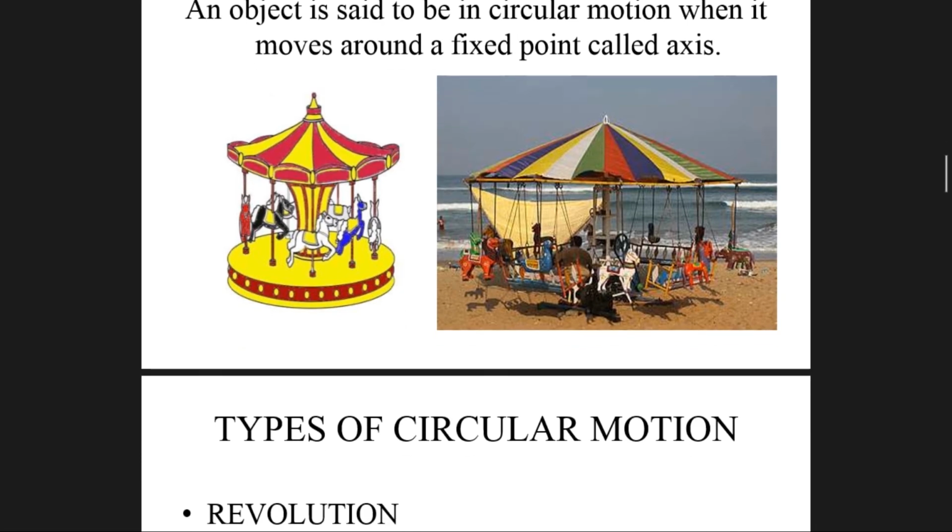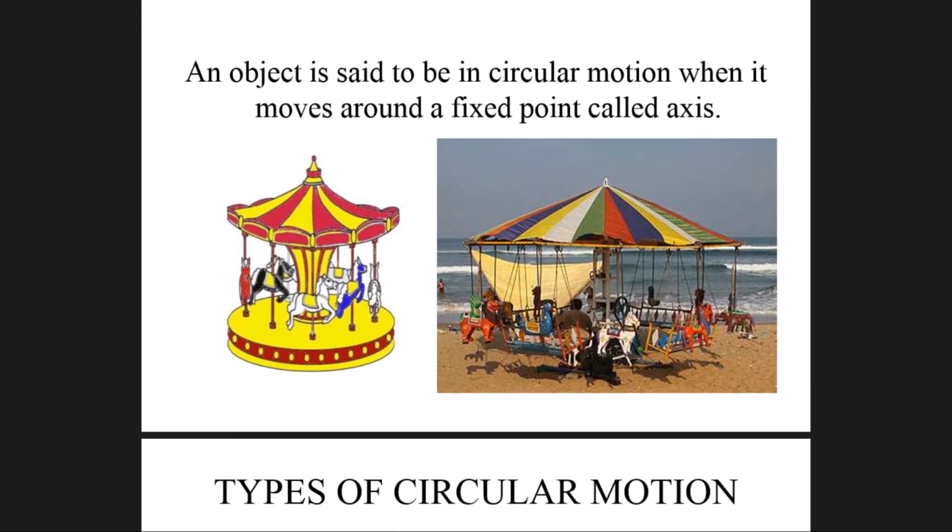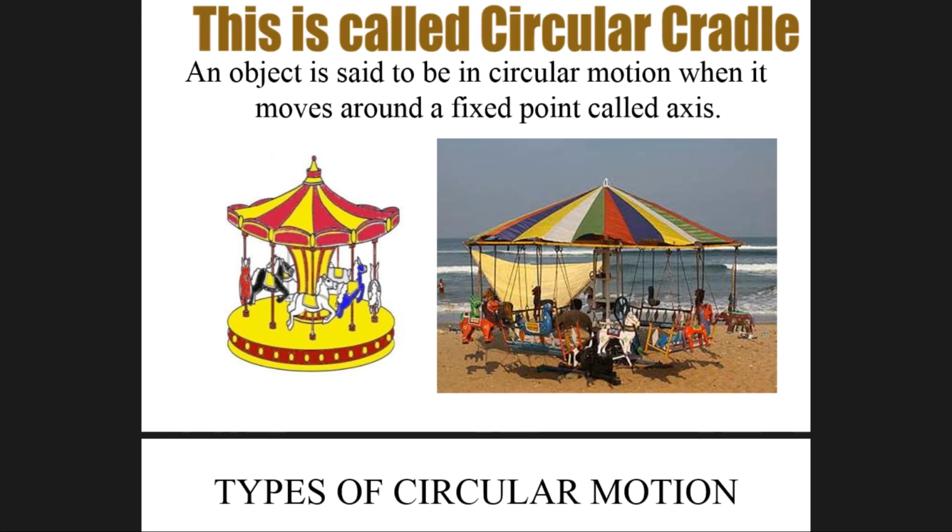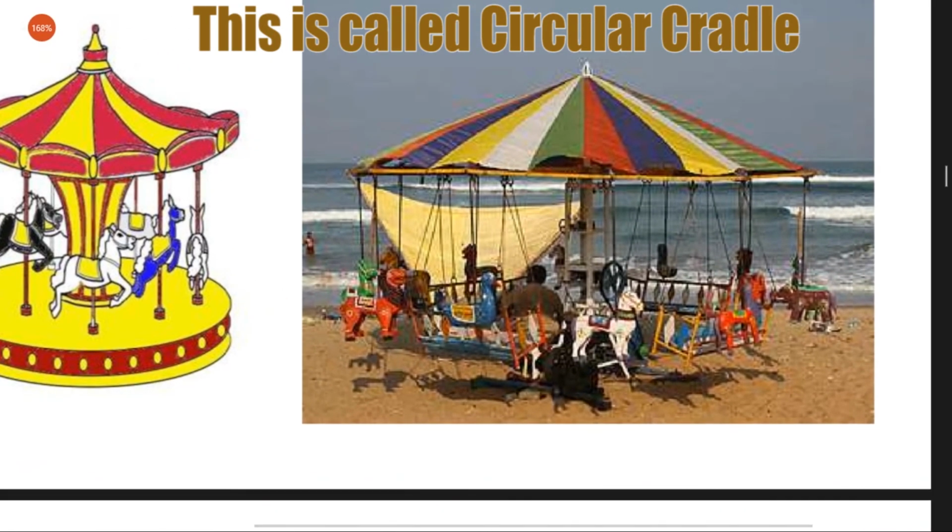This is a simple machine or fun game where the children are moving around its axis, with seats hanging on it, and it is rolling. It is a roller for children. Here the children will sit on these seats and this will move around its own axis.